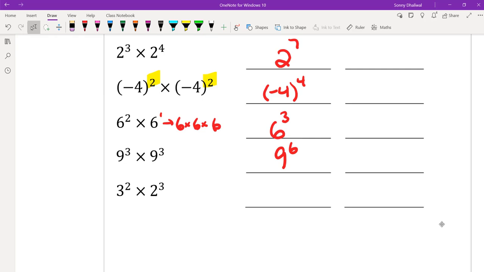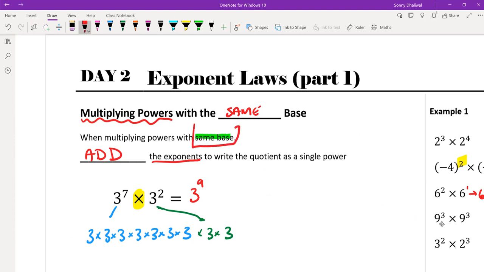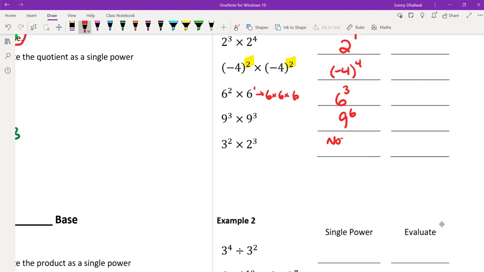You can't do it. So remember, for this rule to work, it has to have the same base. You can't combine these things if the bases are different. So we write down, it is not possible to combine that.